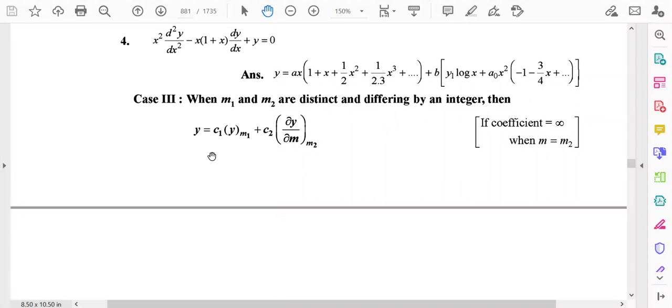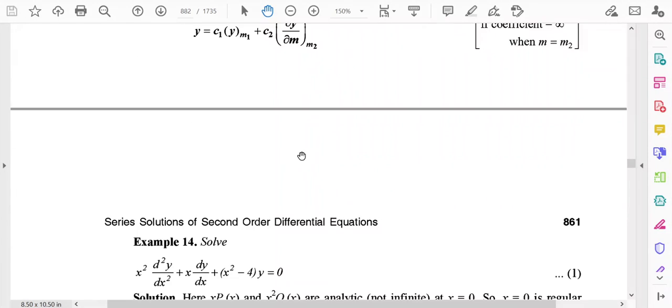In that case the general solution will be y is equal to c1 y at the point m1, that is, for a particular value of m1 you have to calculate the solution, plus c2 del y by del m at the point m2. This is the structure of the general solution.